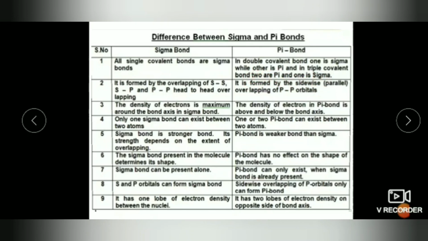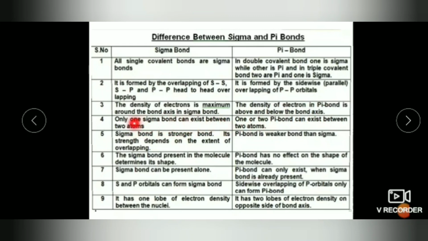Sigma bonds form by s-s, s-p, and p-p head-on overlapping. Pi bonds form by side overlapping of p orbitals. In a sigma bond the electron density is maximum along the bond axis, while in a pi bond the electron density is above and below the bond axis.